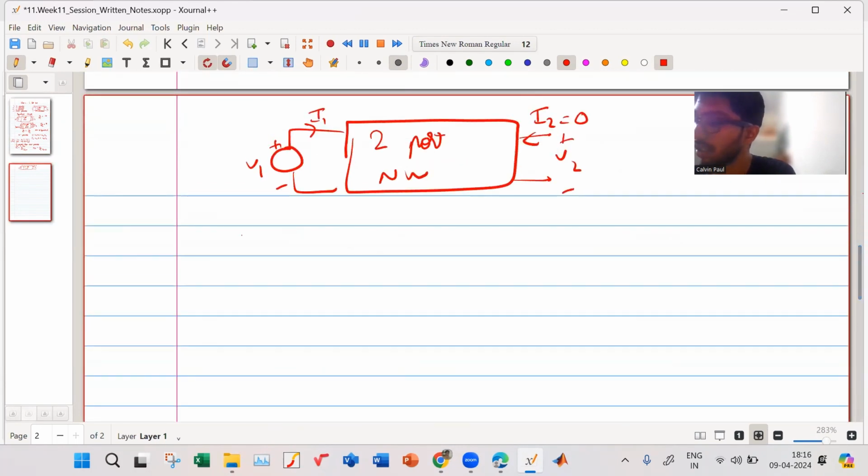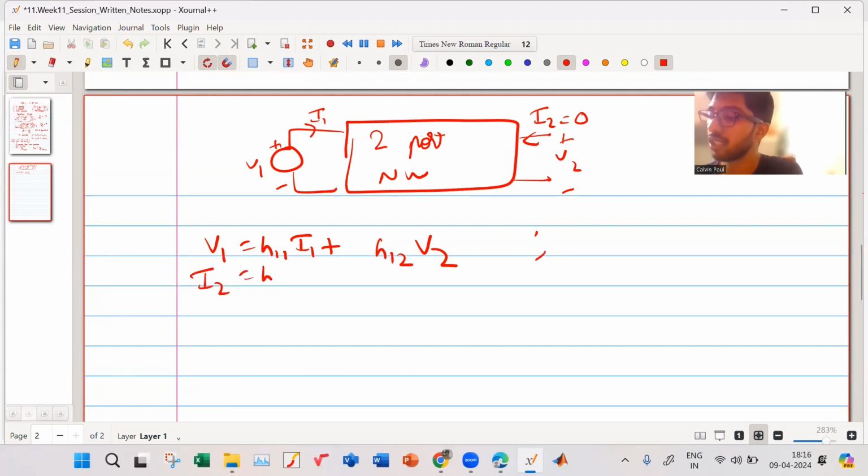We know that V1 is equal to H11 I1 plus H12 V2, right? And we have I2 is equal to H21 I1 plus H22 V2.